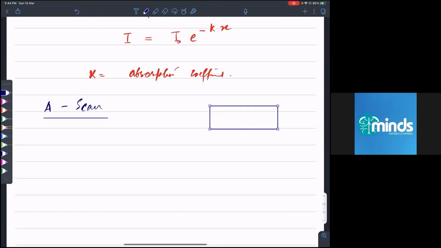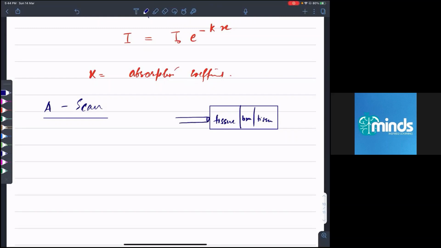When I say relative, what does it mean? Let's say we have tissue, we have bone, and we have tissue. And we will put the transducer or probe here.